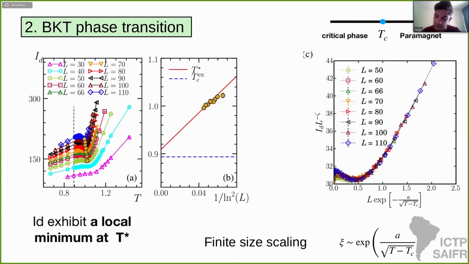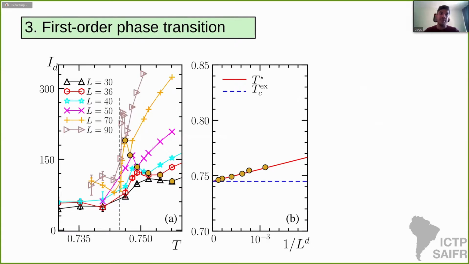Just to finish, we also consider first order phase transitions, and you have similar behavior. The difference is that in this case, the intrinsic dimension also has a minimum as we increase the system size, but for, say, L equal to 90, we already have a peak very close to the critical point. One aspect is that we can also try to scale this minimum.